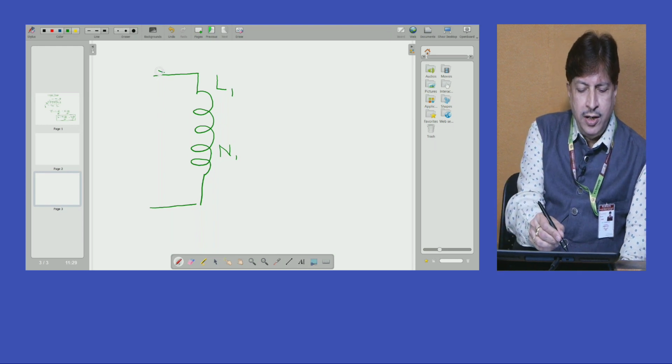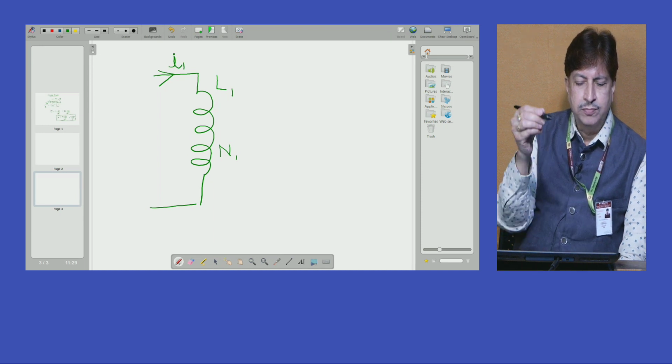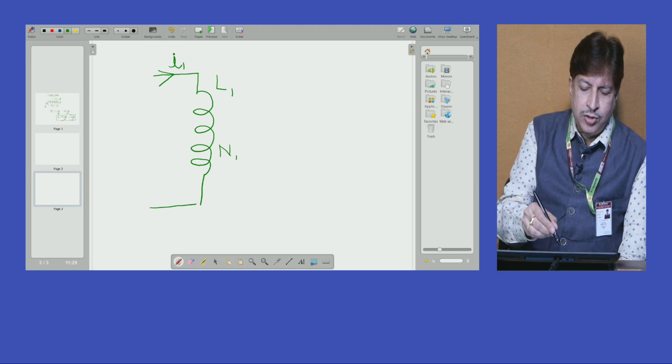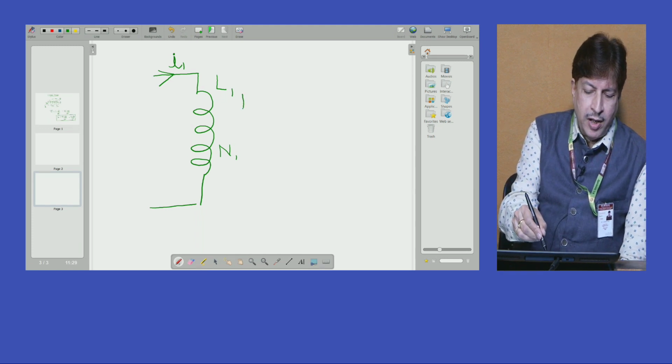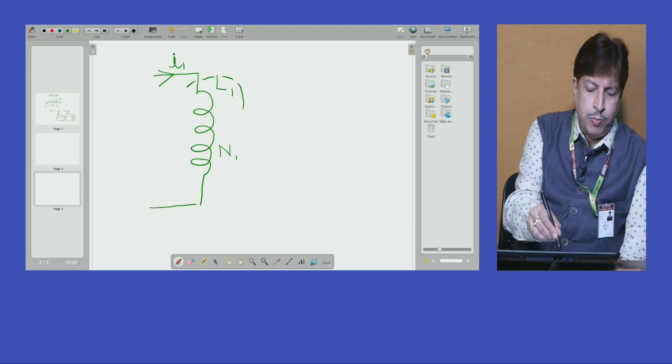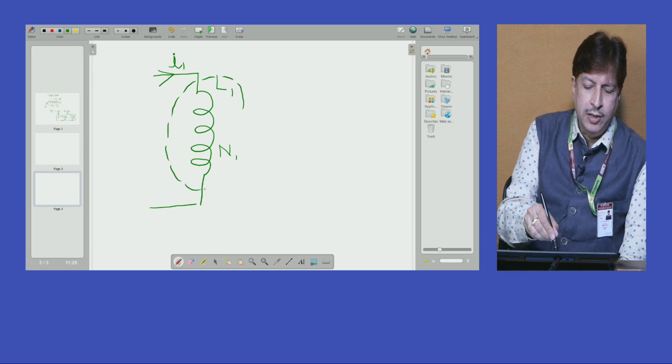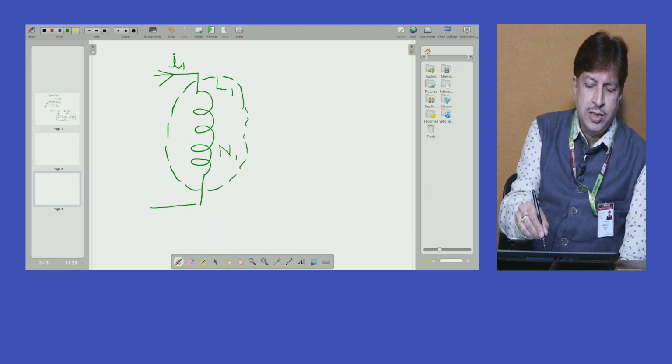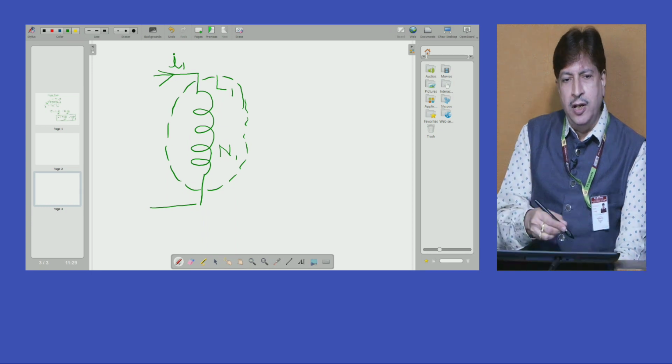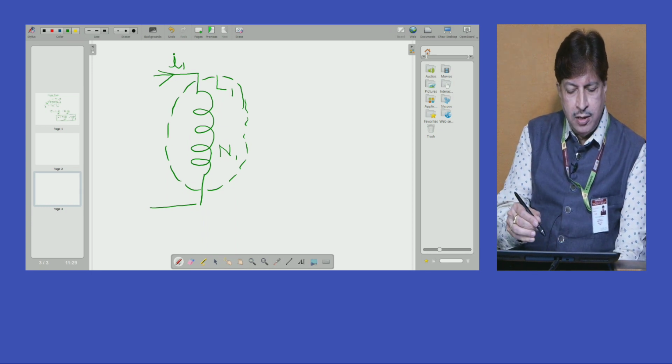I am sending a current of I1 amperes through it. As you know, whenever current is passed through a coil, there is a magnetic field around the coil.